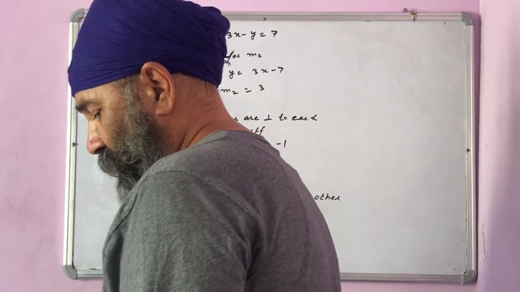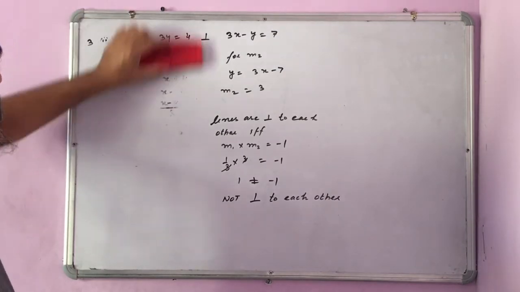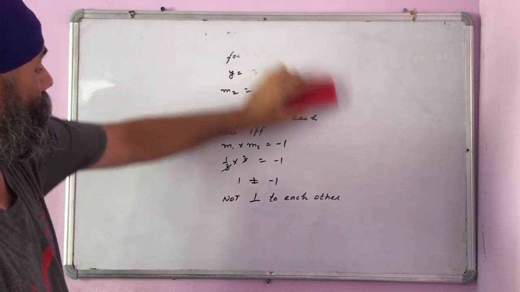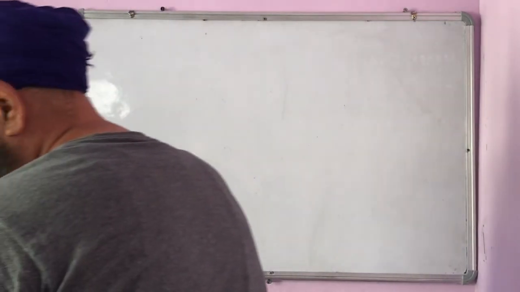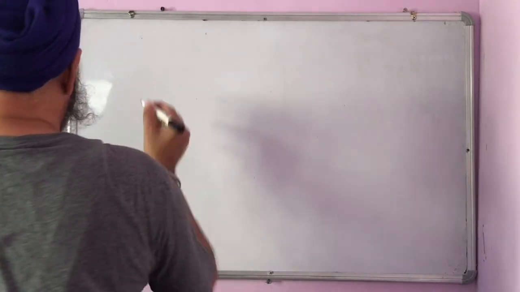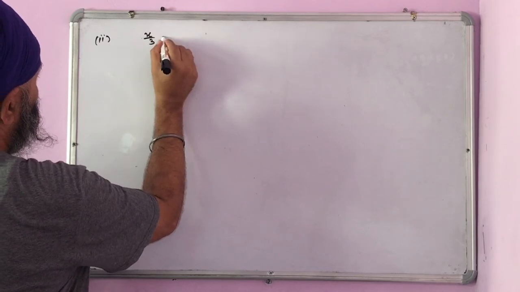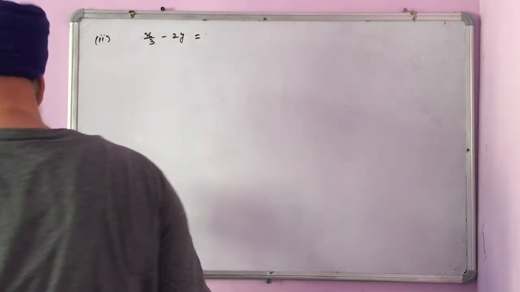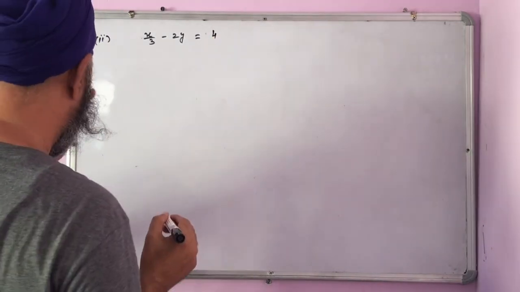Then question number 5, part 2. Find the slope of line which is perpendicular to x upon 3 minus 2y equal to 4.